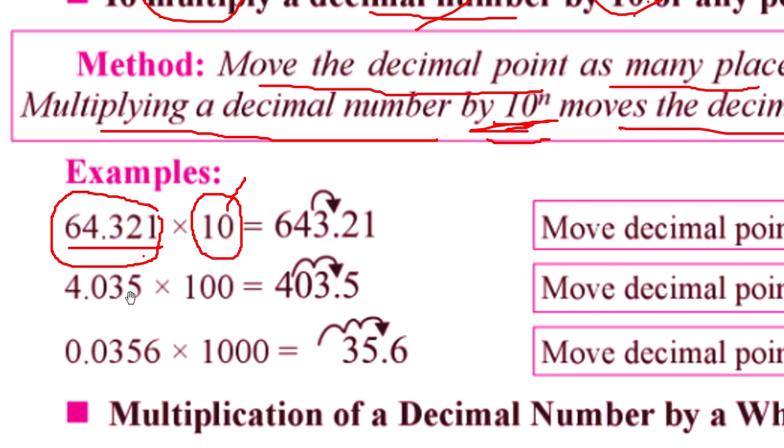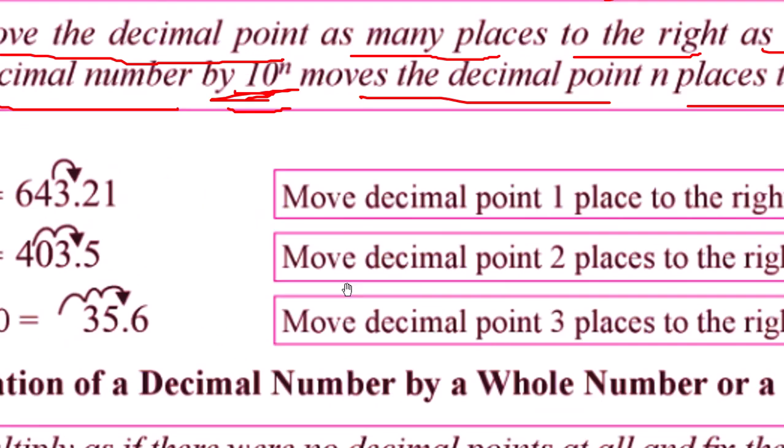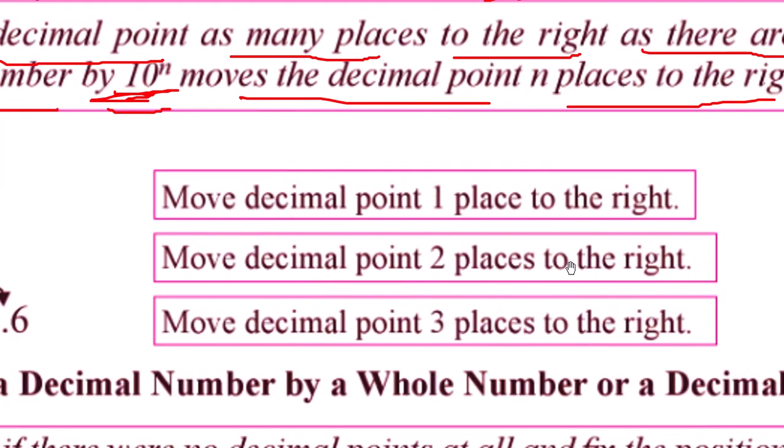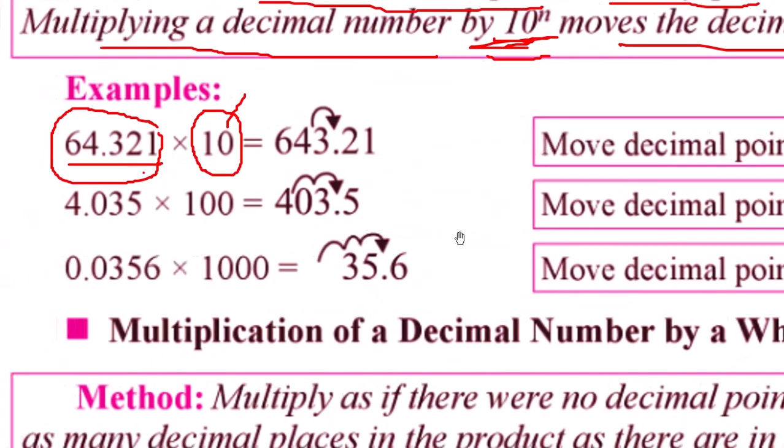Here you are multiplying the number with 100. So multiplier is here 100. In multiplier you have two zeros. So point should move 2 places towards right. So it will become 403.5. So move the decimal point 2 places to the right.